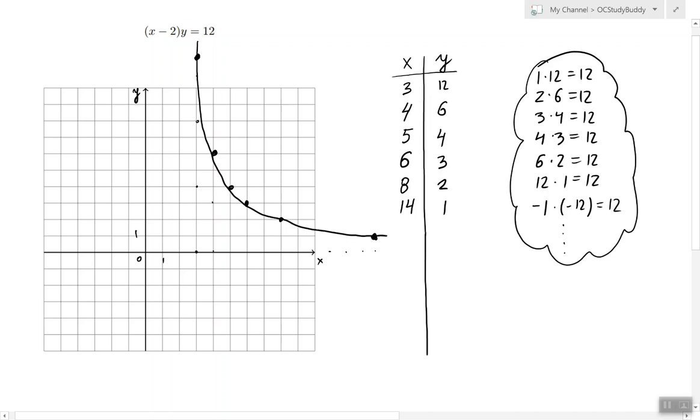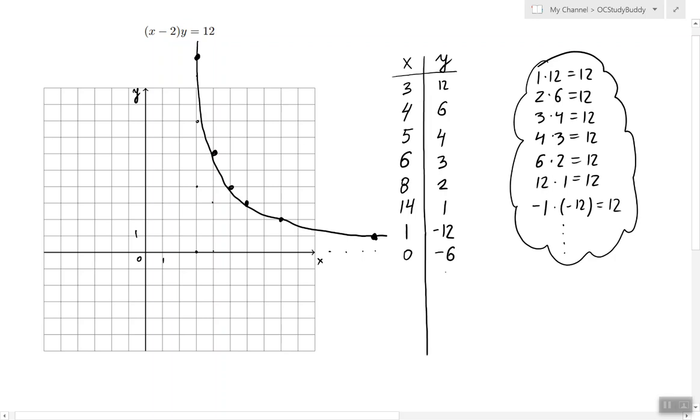So what happens on the left side of this graph? To figure that out, we just have to pick more points with negative values. So let's plug in y equals -12. If y is -12, then x has to be 1. If y is -6, then x has to be 0.